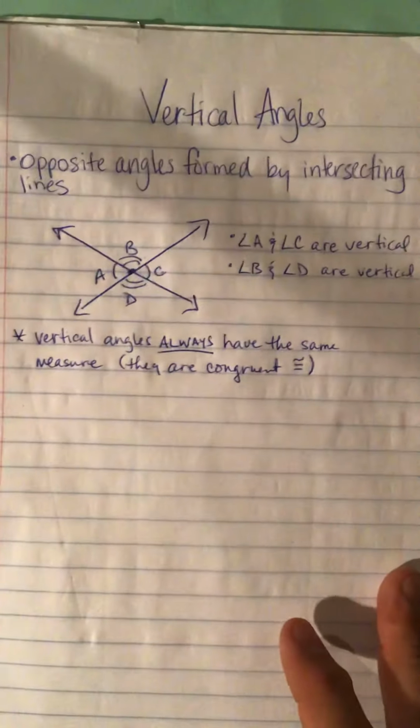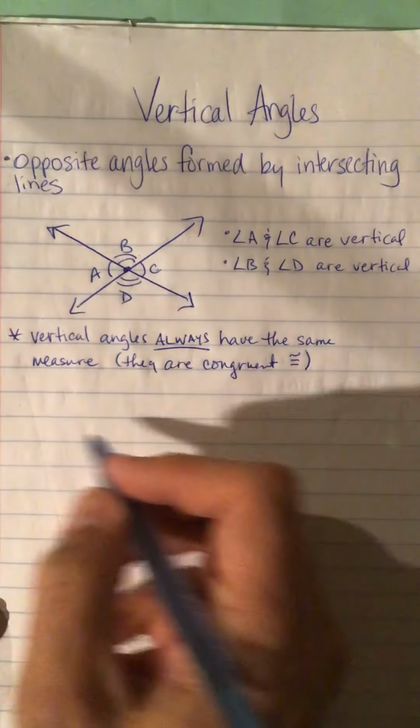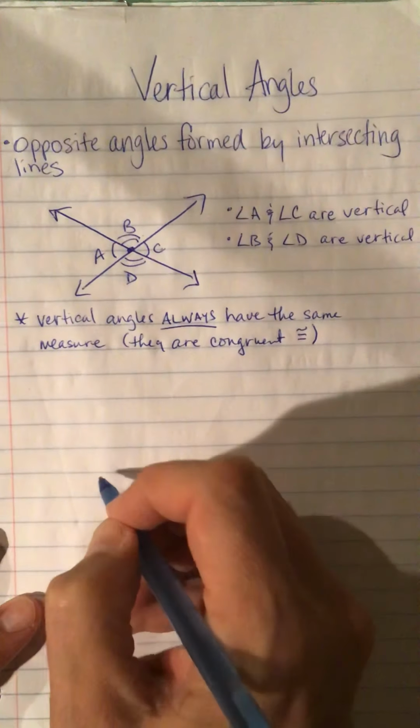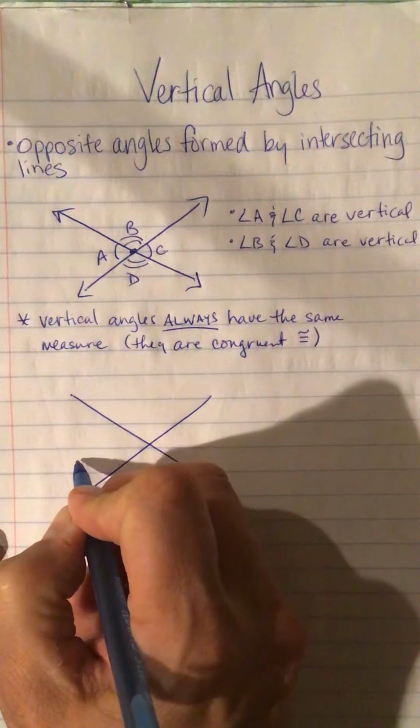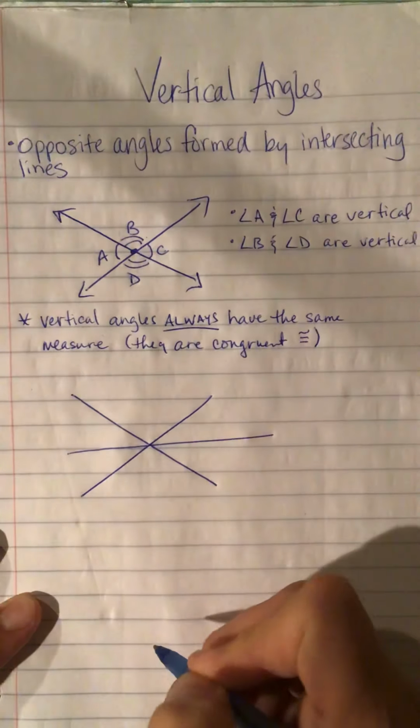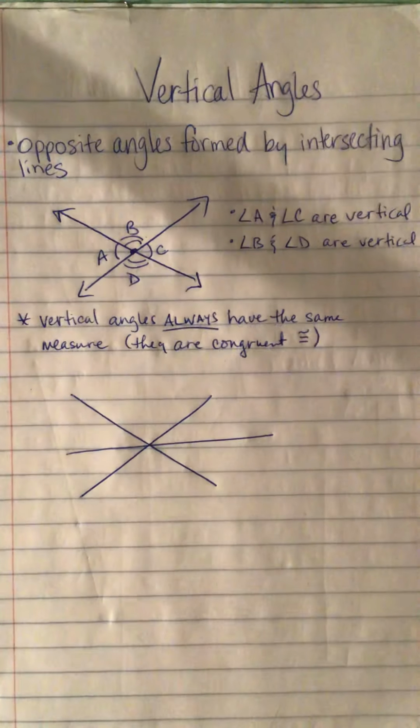Now, it's really easy when you only have two lines that are intersecting. It's real easy to find the vertical angles. But what if you have several intersecting lines?